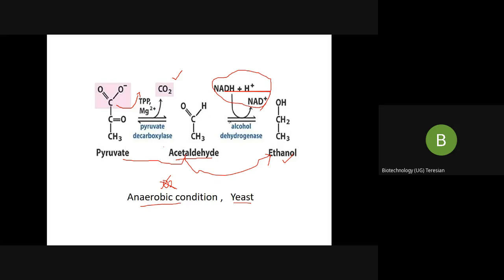Once it has got converted into acetaldehyde, another enzyme, alcohol dehydrogenase, which has the ability to remove hydrogen, converts this acetaldehyde to ethanol. So the end products we have got are ethanol and carbon dioxide. This occurs in microorganisms such as yeast under anaerobic conditions, that is, absence of oxygen.